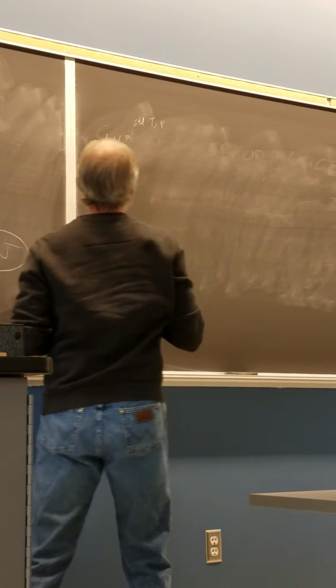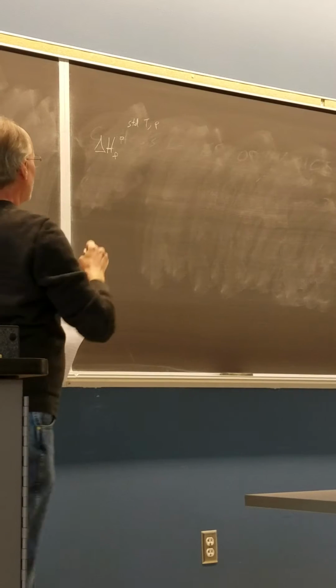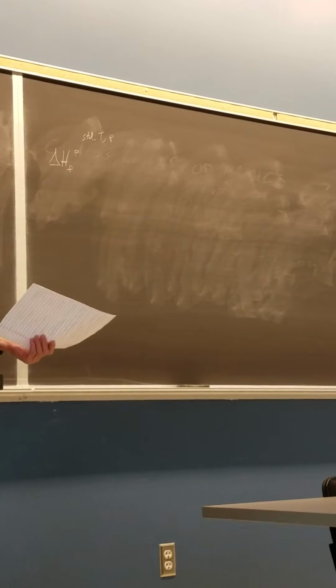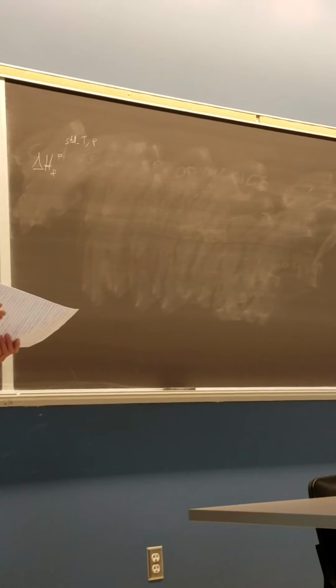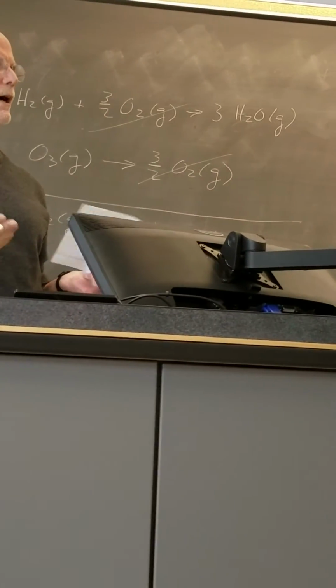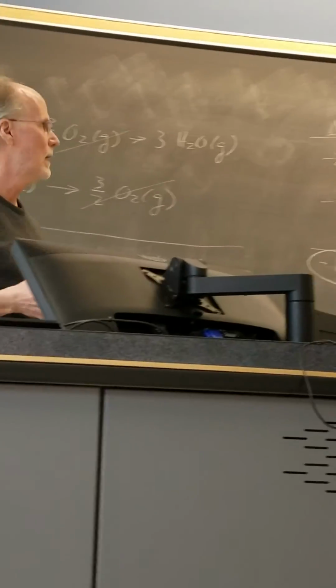So standard temperature and pressure, which means 25 degrees Celsius, 1 atmosphere pressure. And that's basically, if you go in the lab, you're going to be pretty close to that almost no matter where you are or when you're doing it.